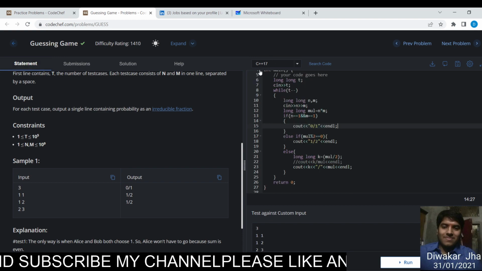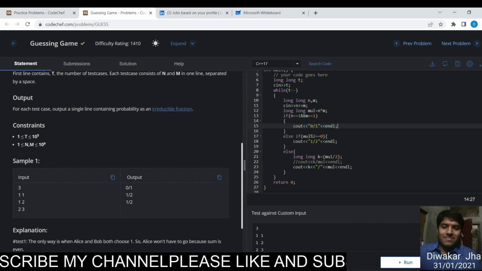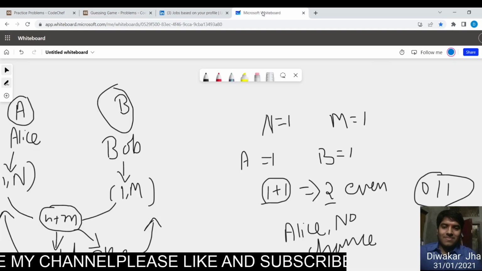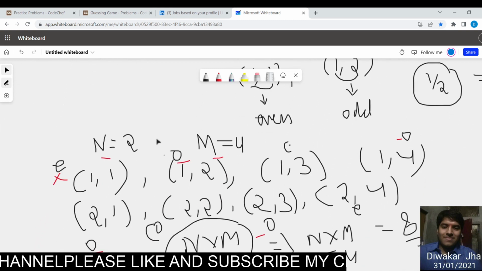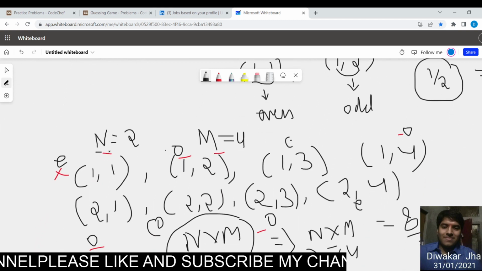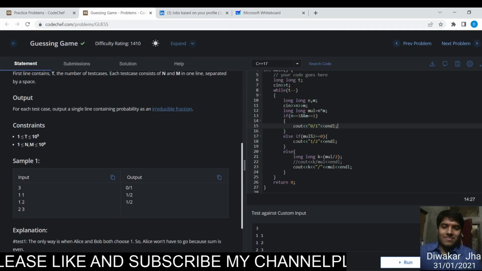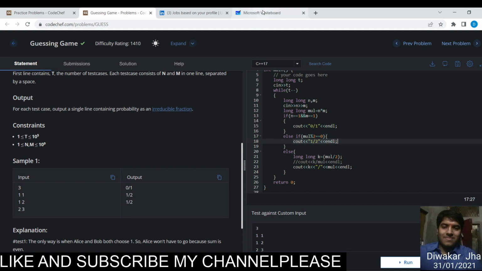Again, if the multiplication is even, then the probability is half. We also discuss when both are even. So our probability will be 1 by 2.